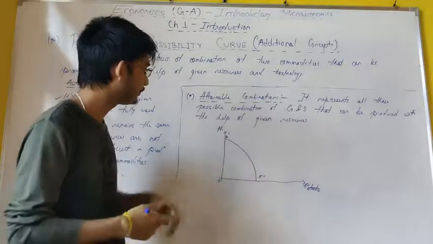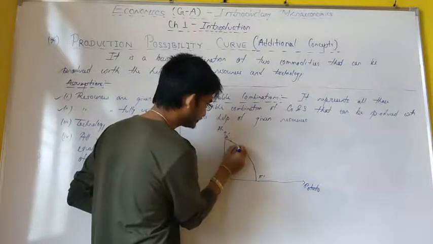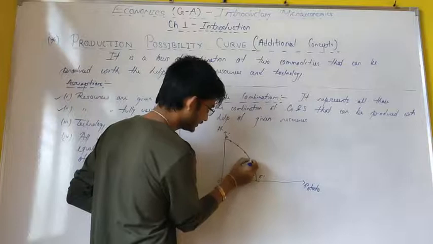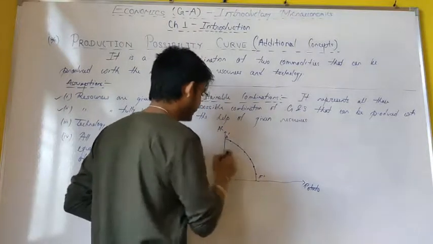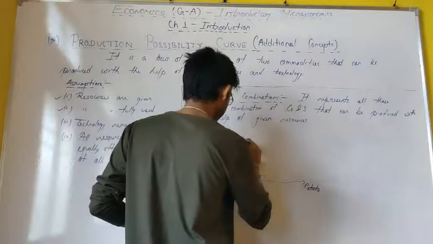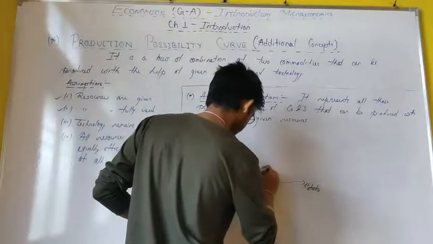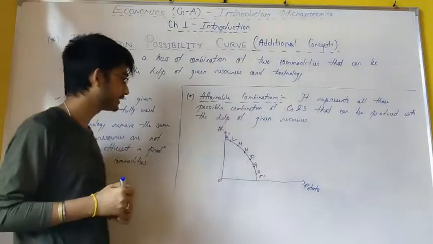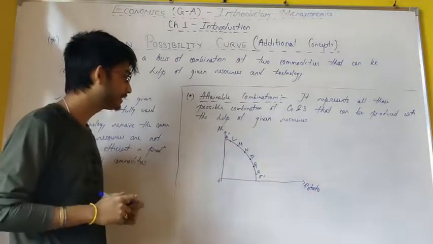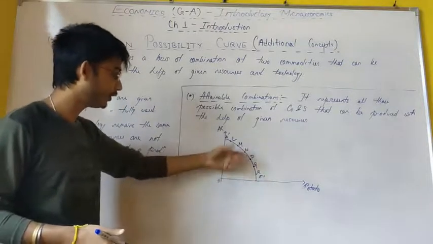So all those points which are lying on the PPC, let me give them names: L, M, N, P, Q, R, etcetera. I can put so many points here.